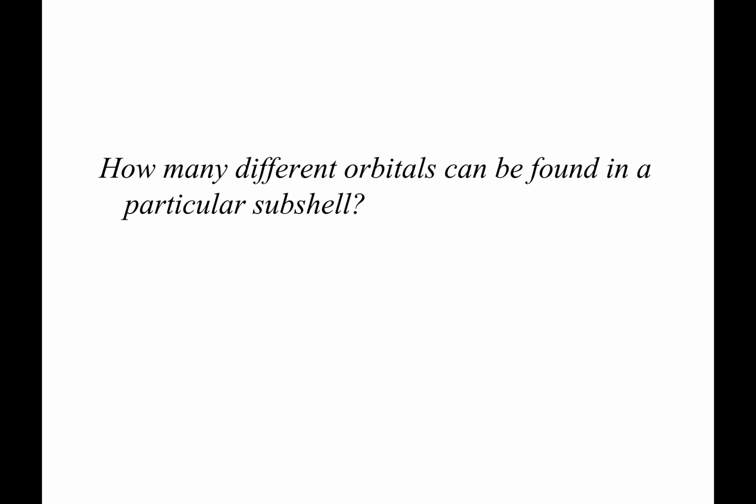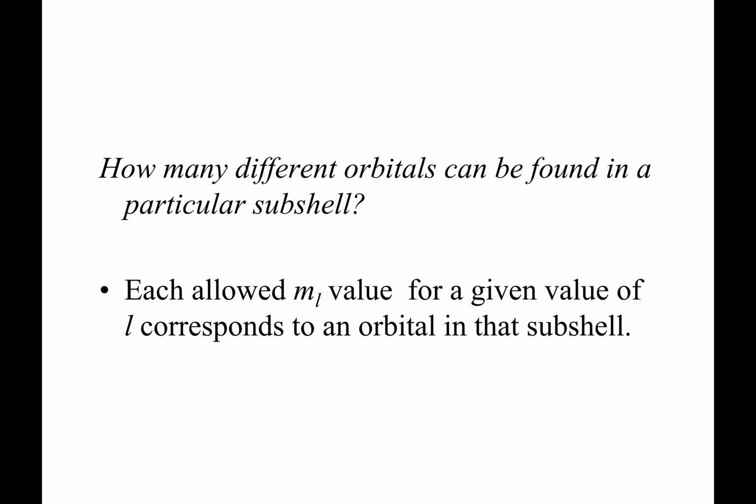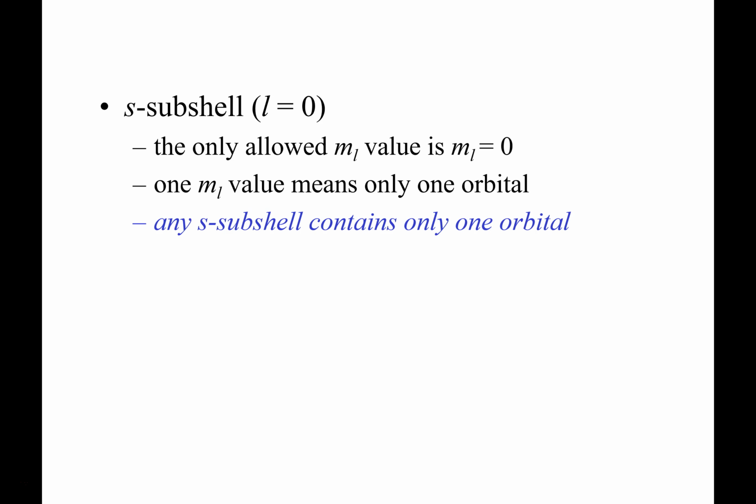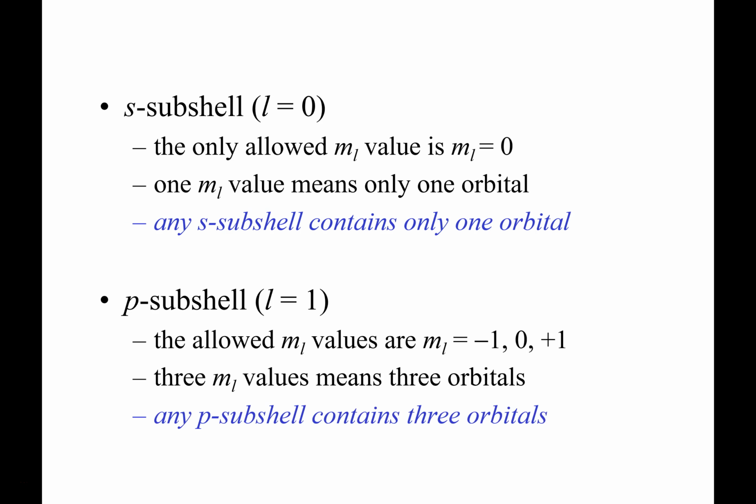So, how many different orbitals, that's the boxes, can be found in a particular subshell? We did it right here. When it's an S type, it only has 1 orbital. When it's a P type, it has 3 orbitals. Why?